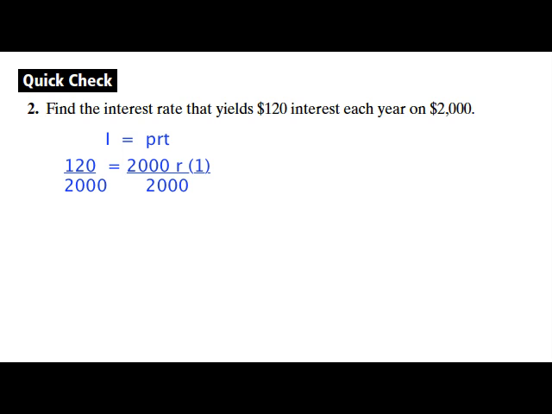On the right-hand side, the 2,000s cancel each other out, so you're just left with R. On the left-hand side, 120 divided by 2,000 is 0.06. That would be the decimal form of the interest rate, so we change that decimal into a percent. So the interest rate is 6%. Pause the video if you need more time to copy down this example.